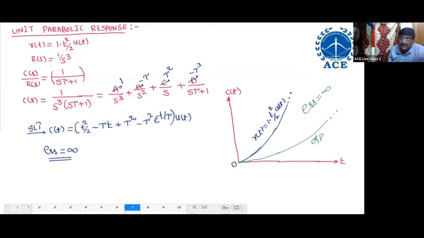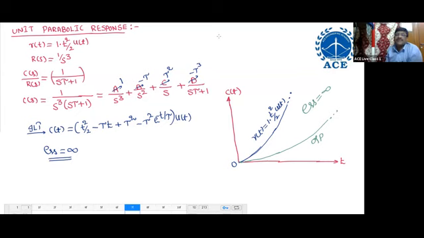Right. Next. So this is about the first order system responses. First order system responses are very, very easy. Generally, they used to ask only second order systems, and most of the questions are on second order.